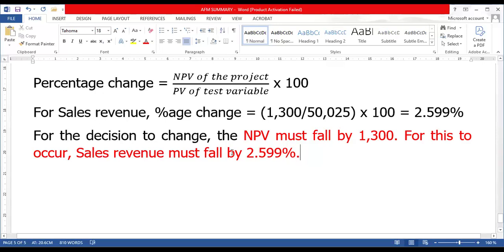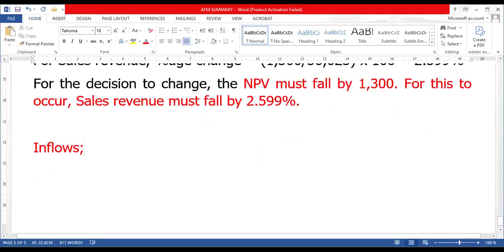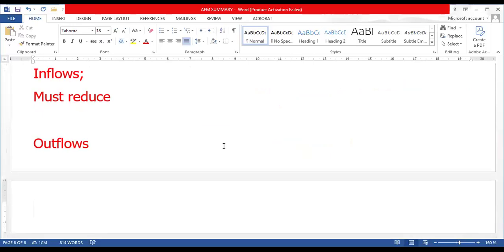Just that you need to know if you're talking about inflows. For inflows, for you to reduce NPV, the inflows must also reduce. Then if you're talking about outflows, for you to reduce NPV, these outflows must increase, must rise.